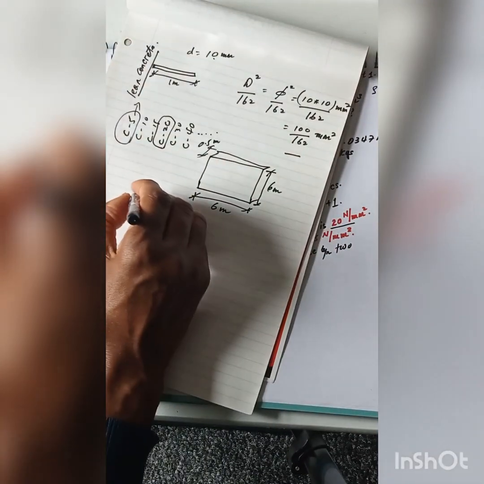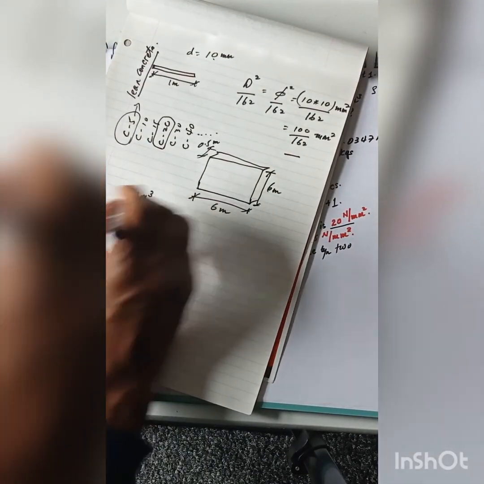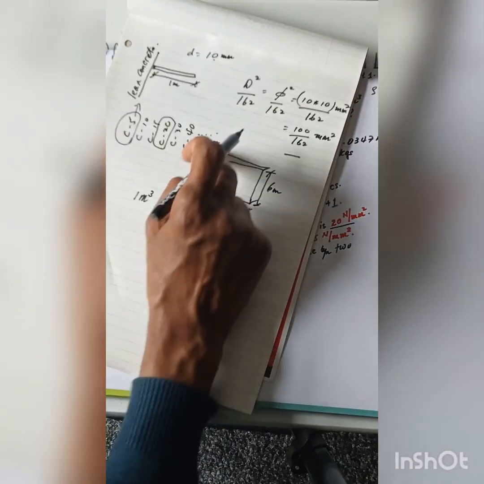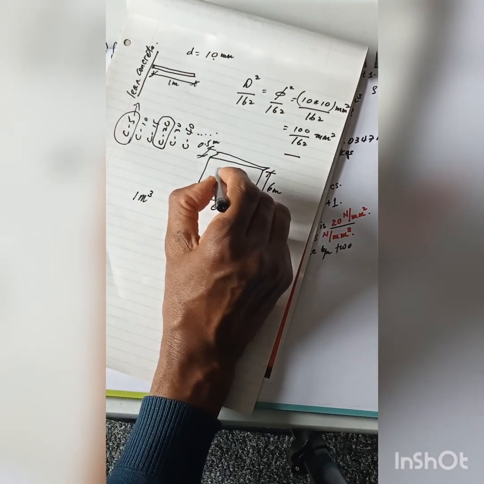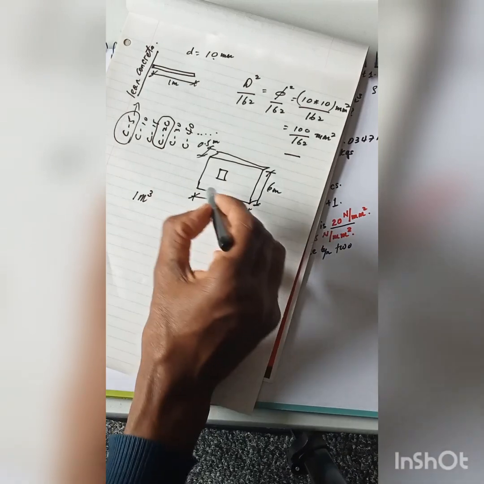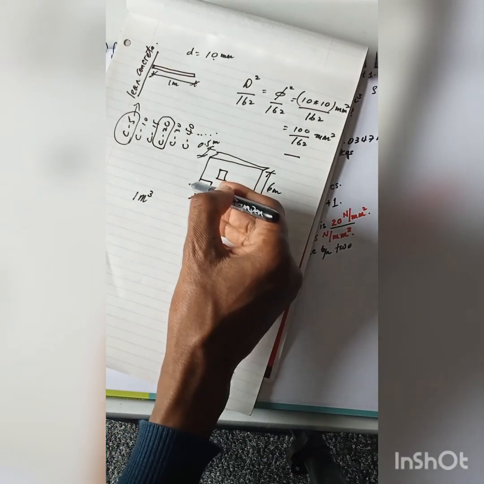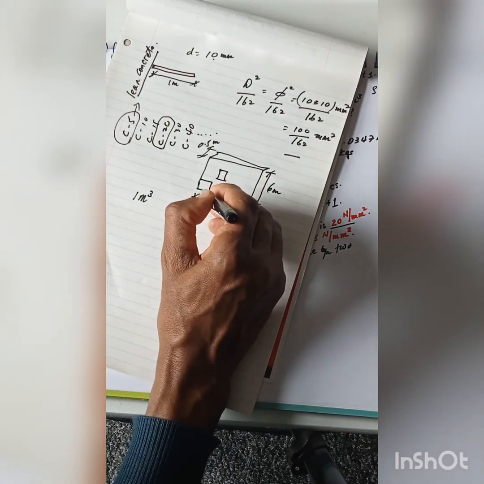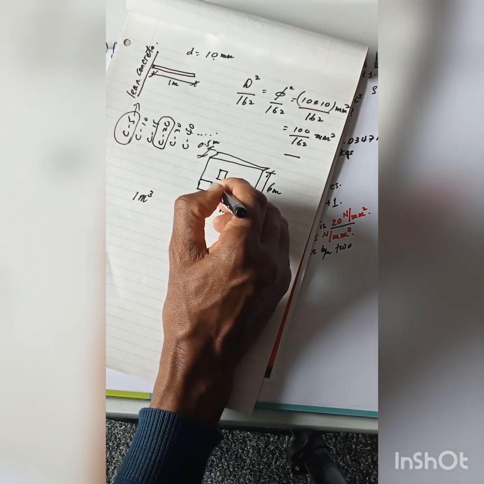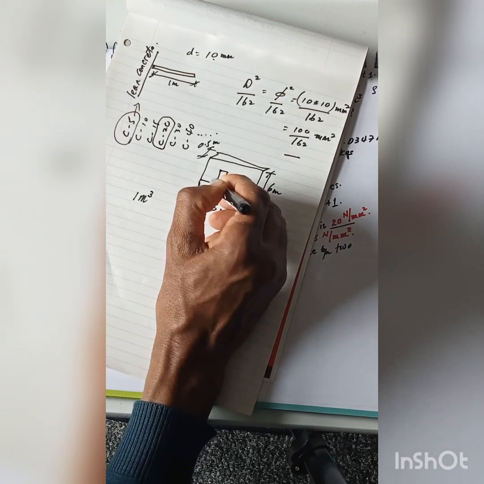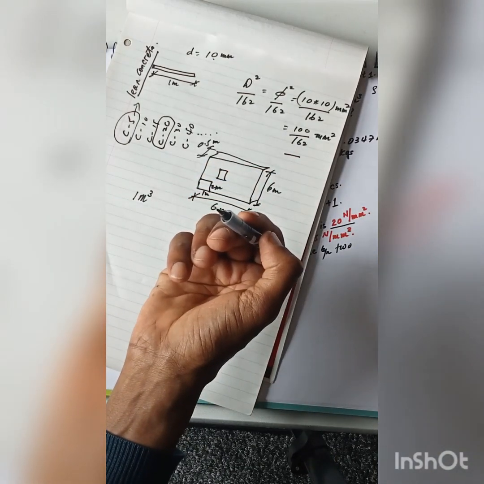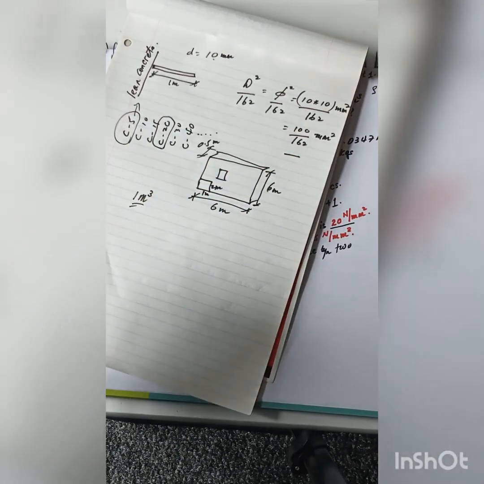Then let's take a piece of this wall which is 1 meter cubed, 1 meter by 1 meter by 1 meter.